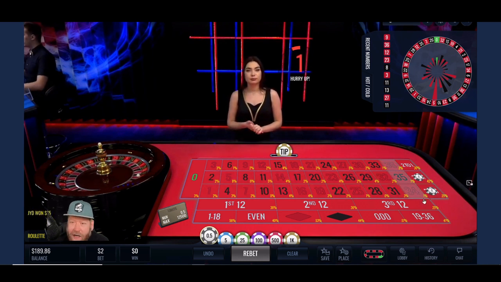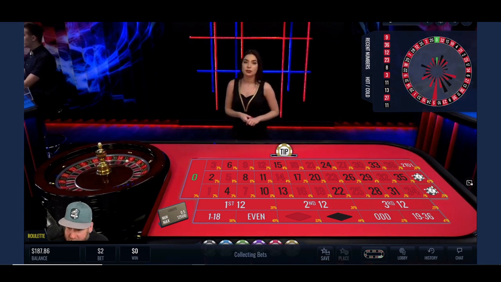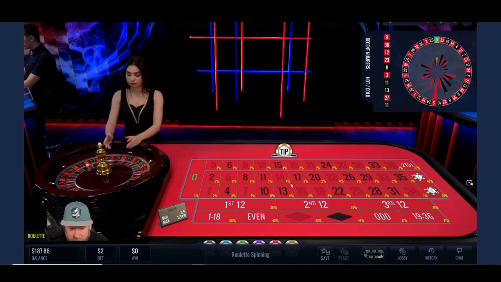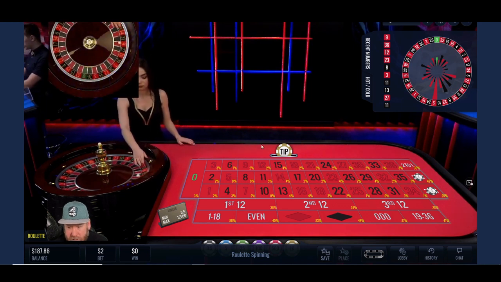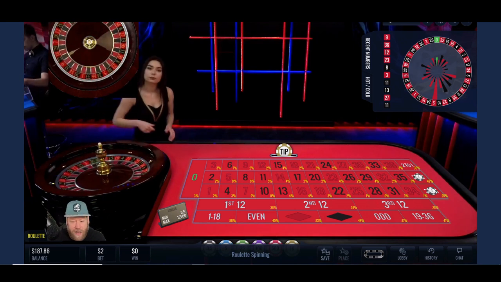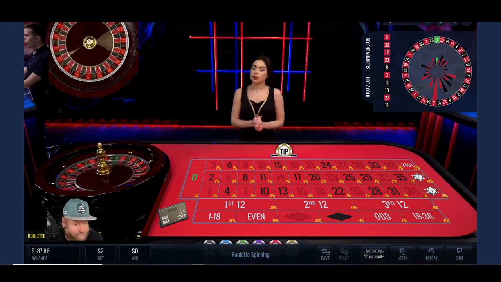Now, for those of you guys that like the Holy Splits, this is probably a good day to play it, because that middle column's at 42%. It's very hot right now, and that's kind of a hint for how I will mix that strategy in going forward.